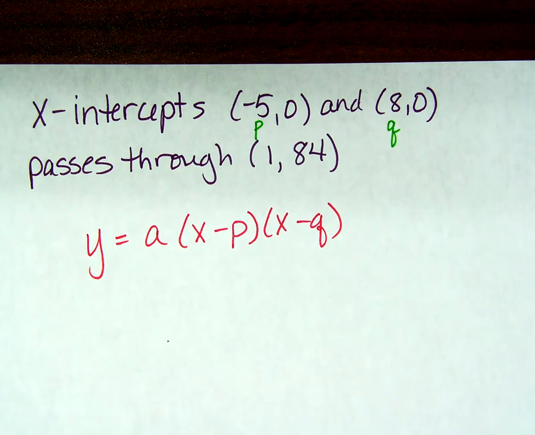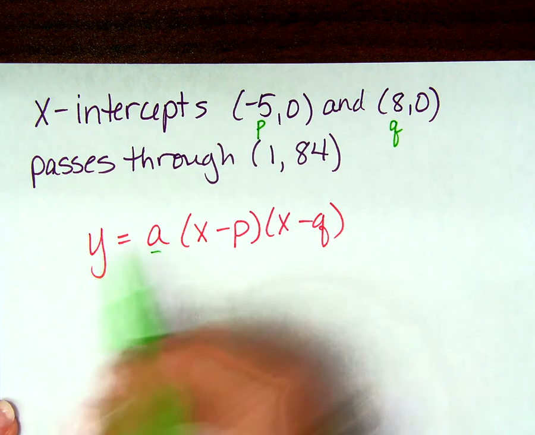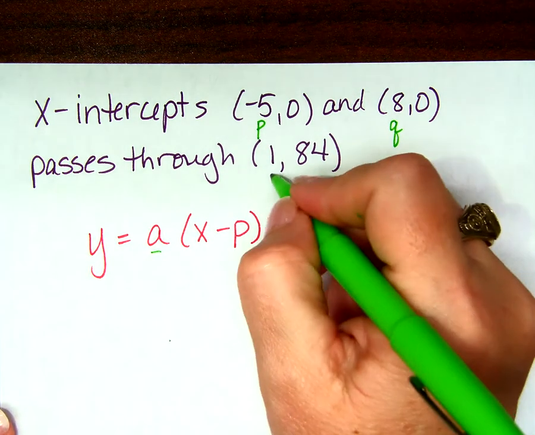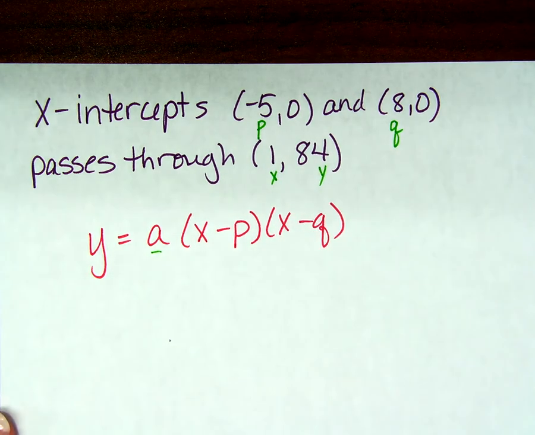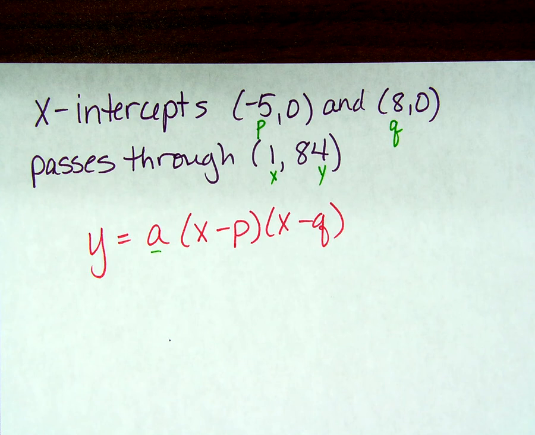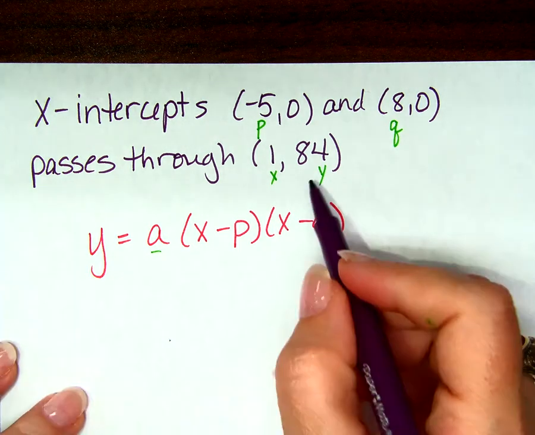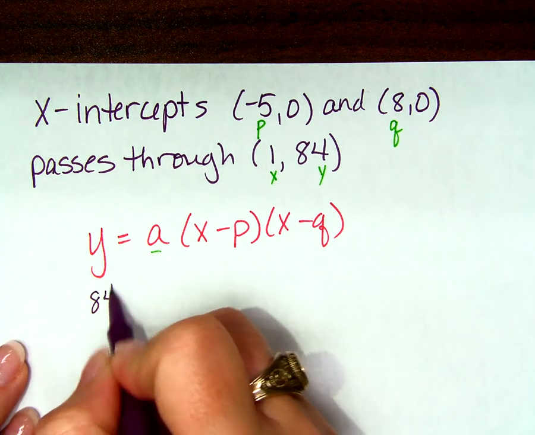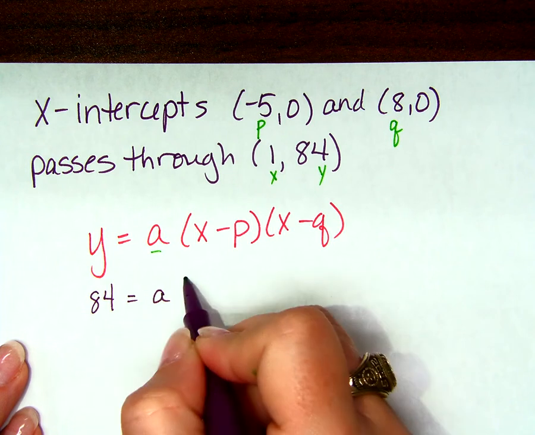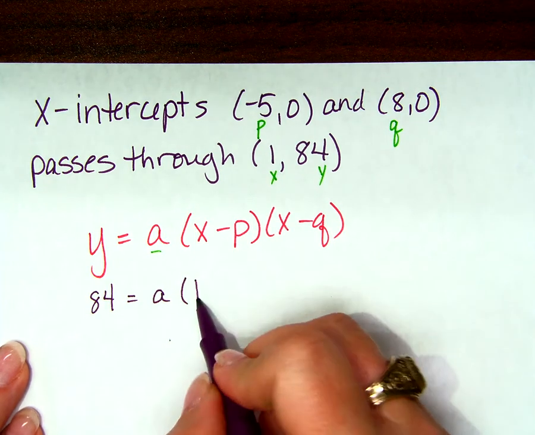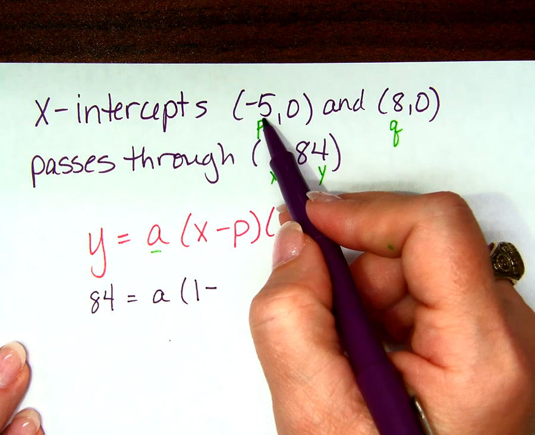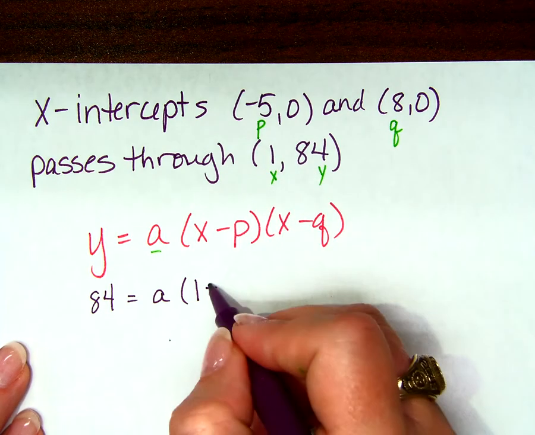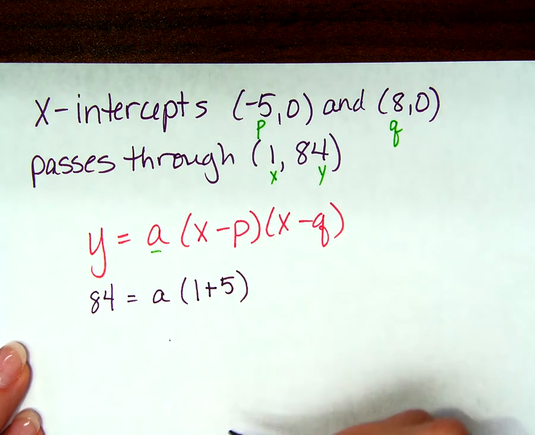Same as the last example, I don't have enough information to find a yet, but they do give me an x and a y. So I'm going to substitute everything I know into the formula, and I'm going to know everything basically but a. y is 84. a is what I'm trying to find. x is 1 minus p, except p is negative 5, so 1 plus 5.